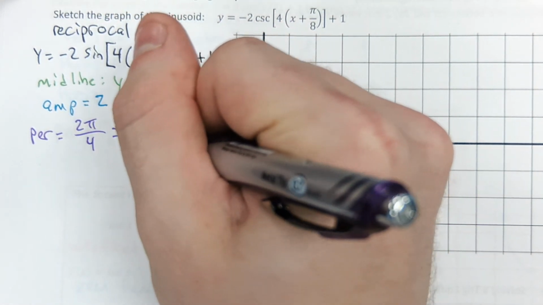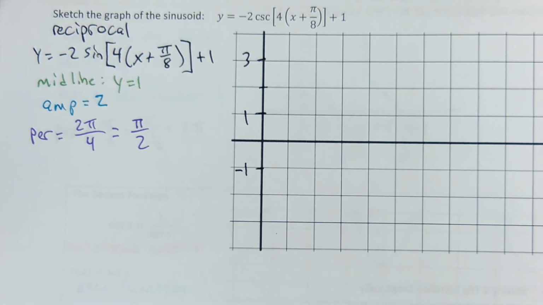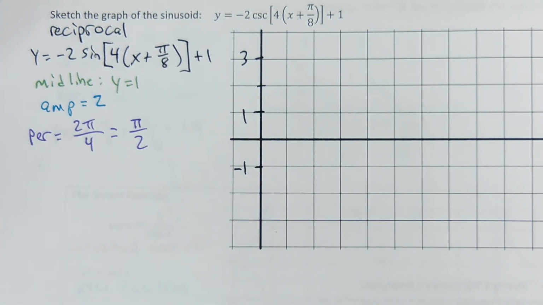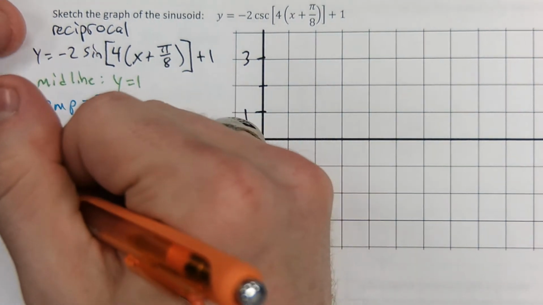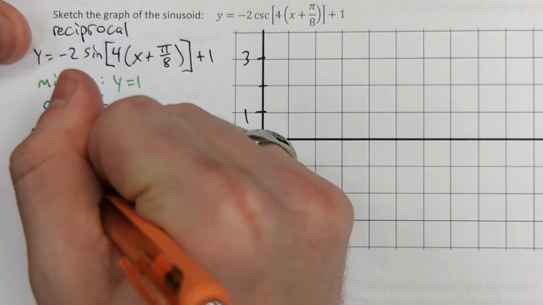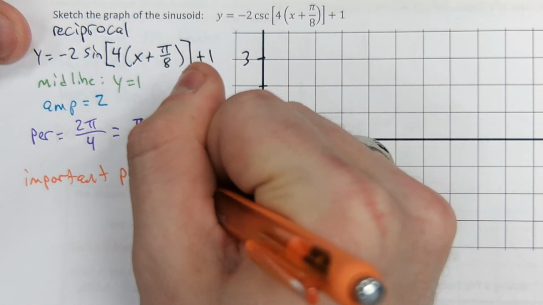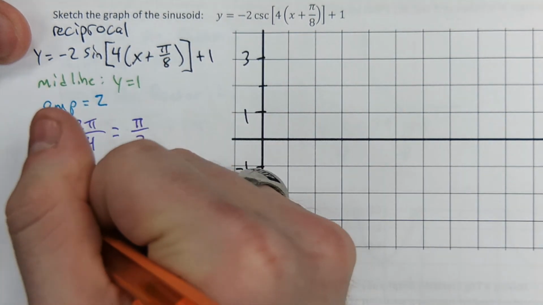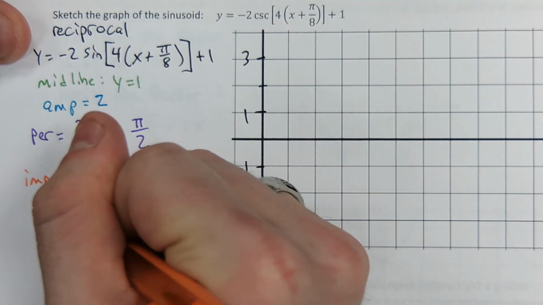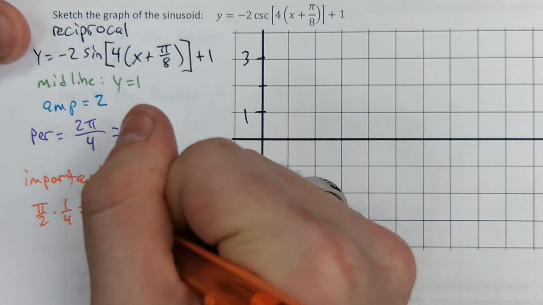The length of this period is pi over 2. That's pretty short. And our important information, meaning midline hits, maximums, and minimums, are 1/4 of the period away from each other, which is pi over 8.